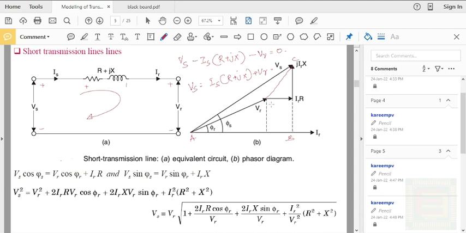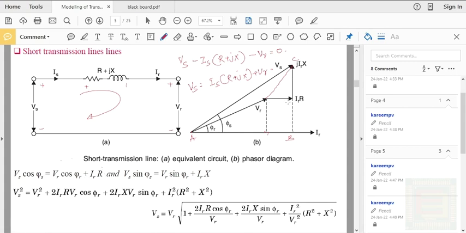AB will be the projection of this phasor along the x-axis, which is Vr cos phi r, because this angle is phi r and this angle is phi s. So the distance from A to this point is Vr cos phi r, plus this is IR into capital R. So Vs square will be equal to (Vr cos phi r plus IR), this whole square, plus this you have to consider.